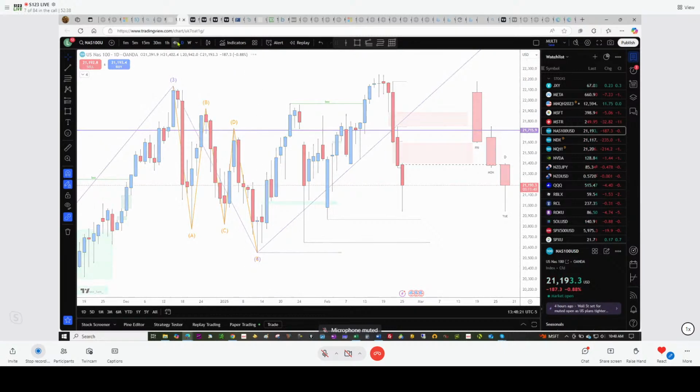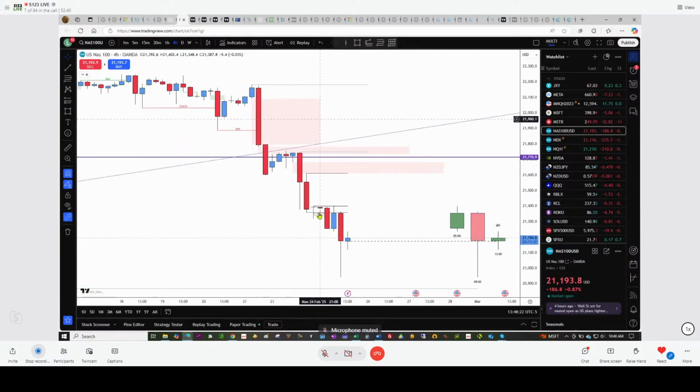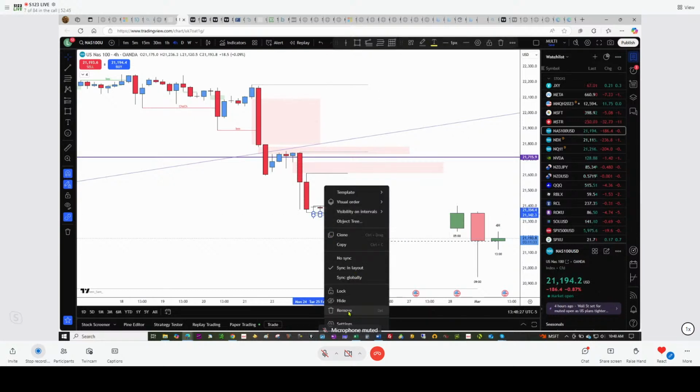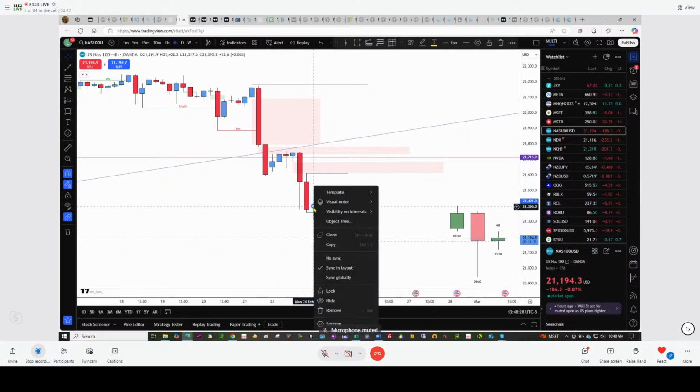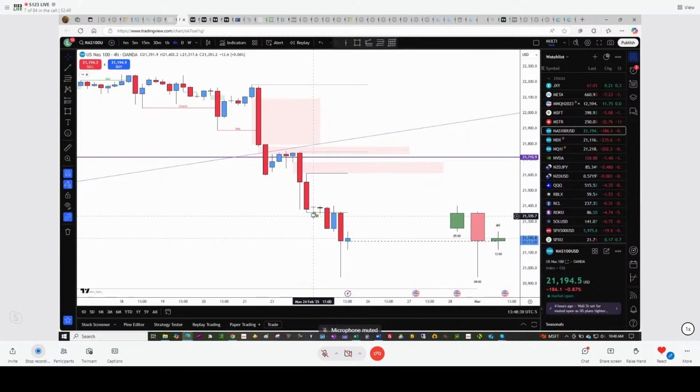So 4 hour. On the 4 hour, looking at the 4 hour bars, let me get rid of some of this stuff off here. So the previous 4 hour bar, high and low, and now we've opened right down in the middle of it.